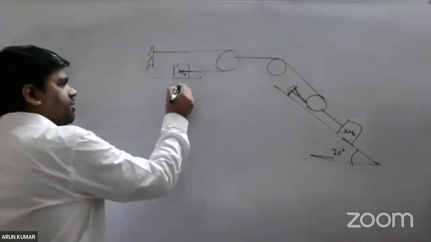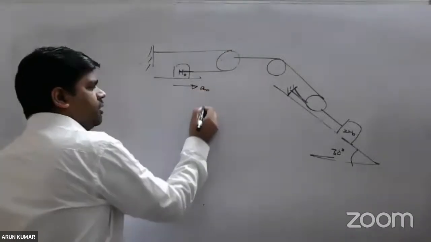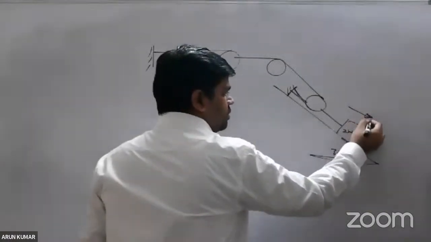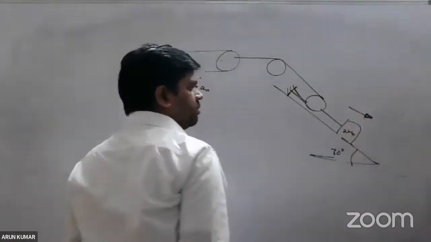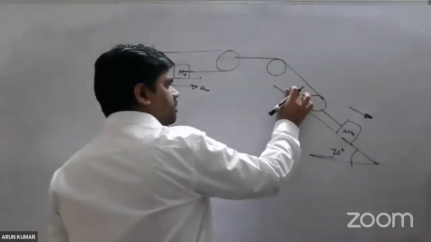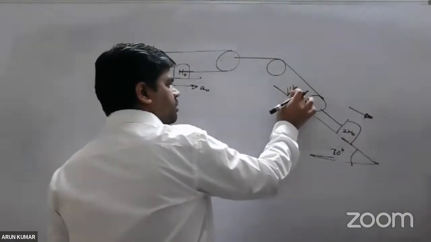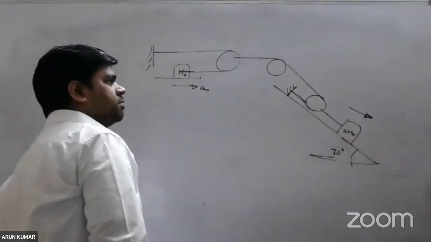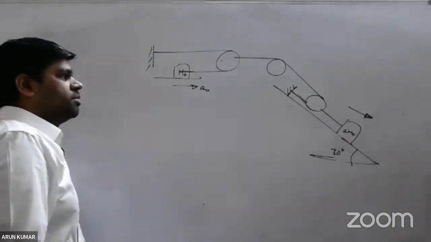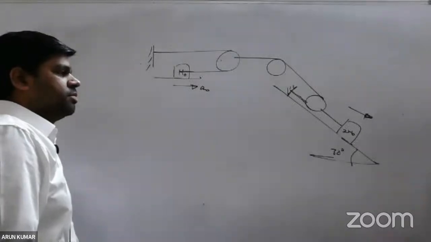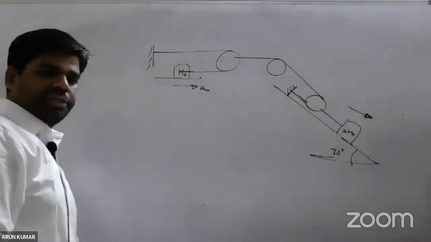All right. So if the acceleration of this block m naught is a naught, what is the acceleration of this block? You can say 3a naught. Okay, 3a naught. How do you get 3a naught?